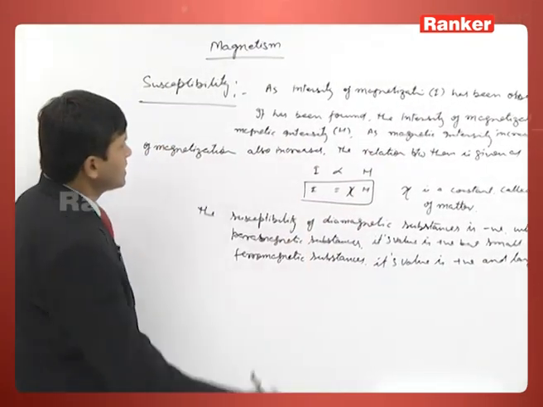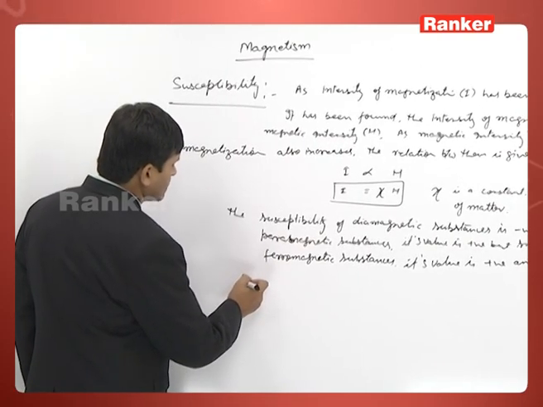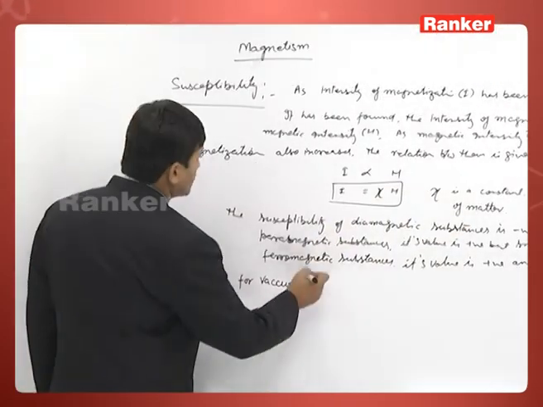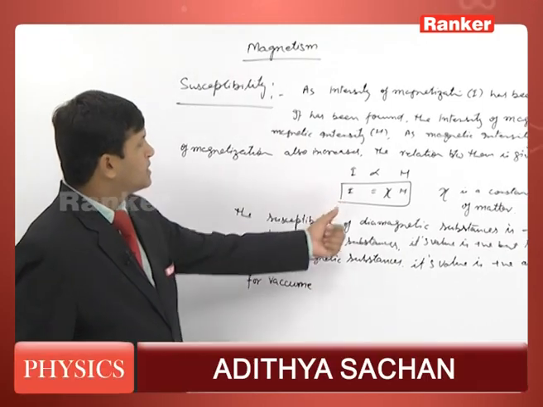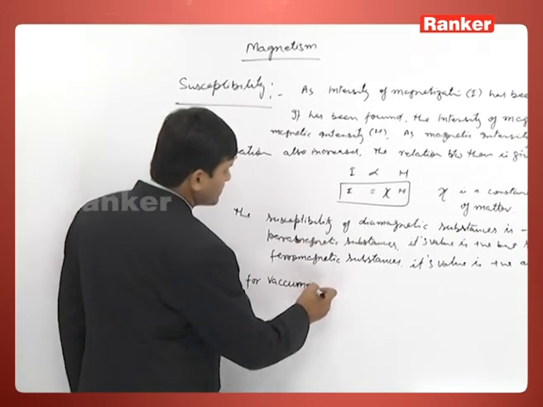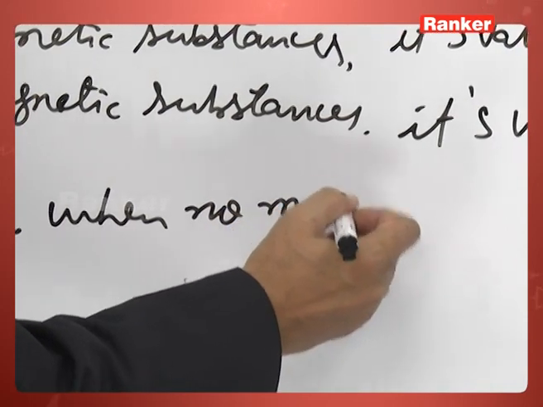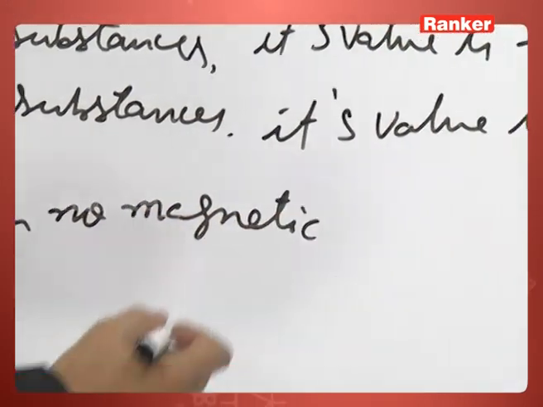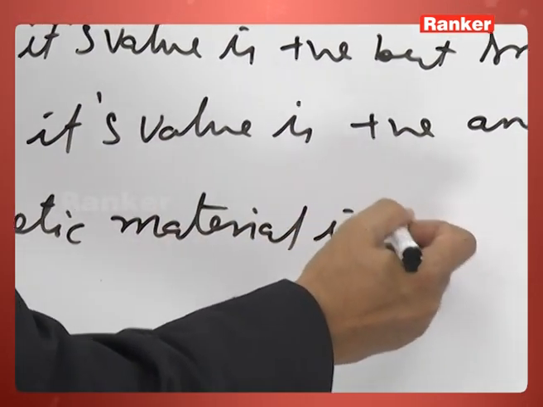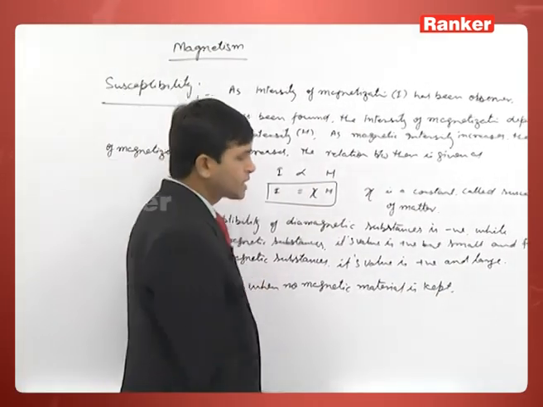Now, for vacuum, when no magnetic material is kept, there is no intensity of magnetization.